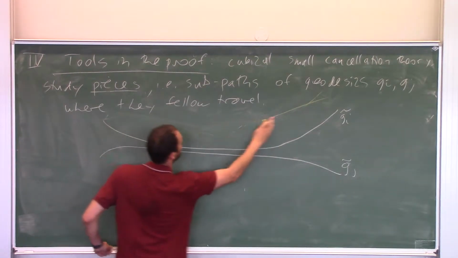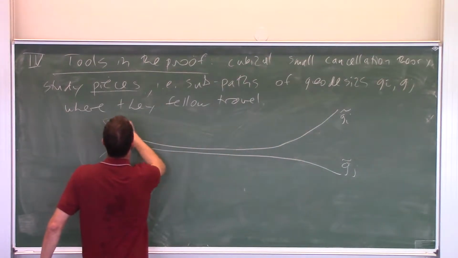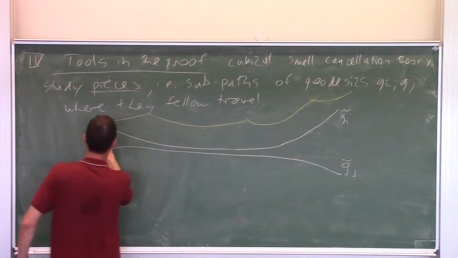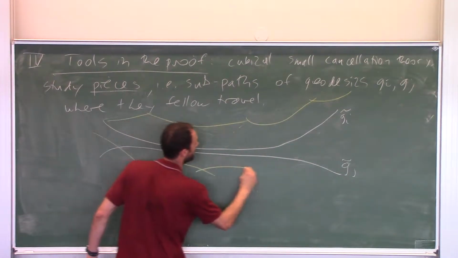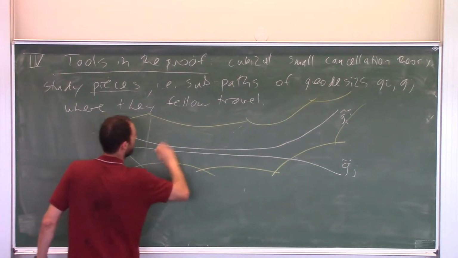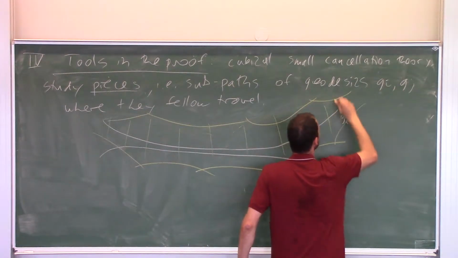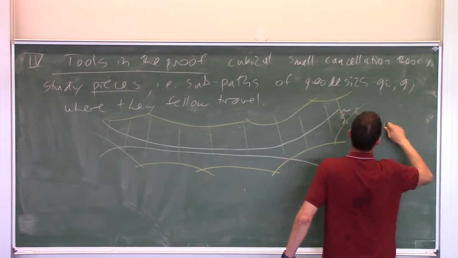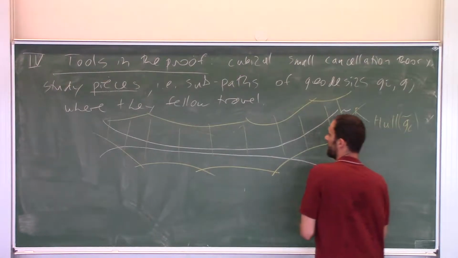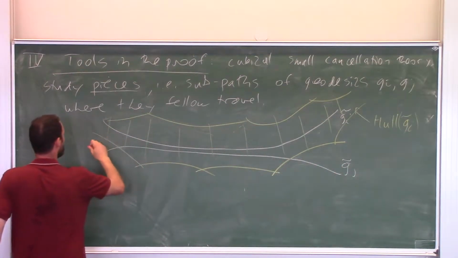This is convex. Let me try again. That's better. That's convex. That's the convex hull of the first, this is hull Gi. Here's the convex hull of the second.